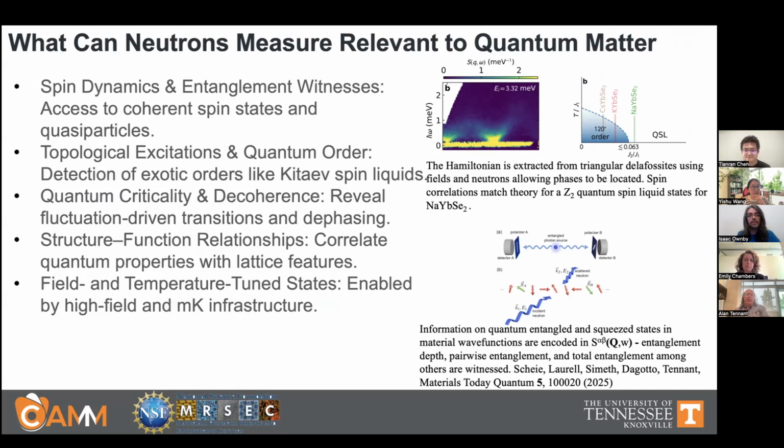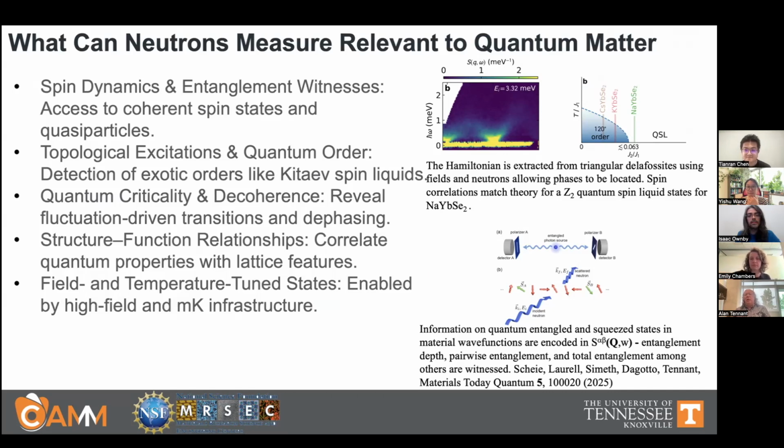So using advanced computation, we're able to do matches between the underlying quantum states and the quasi-particles with the measurements. And so another additional benefit of neutrons is that we're able to extract the underlying models, the Hamiltonian that's describing all the interactions in the system.